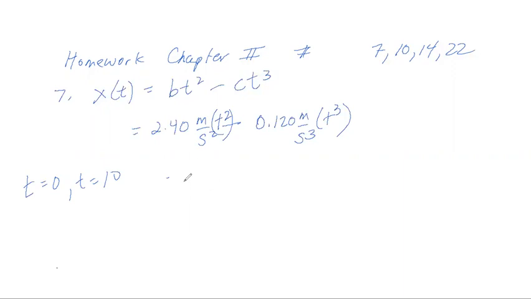Okay, so for the average, we know that v average equals delta x over delta t.